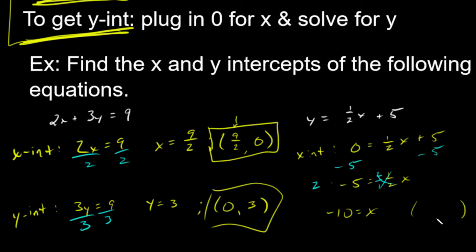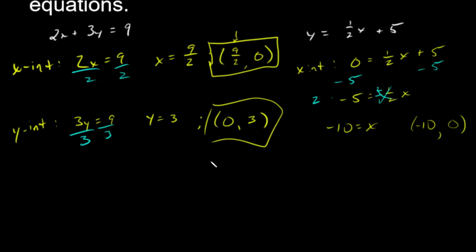So your ordered pair is what? You plugged in 0 for y, so I'm making my y 0, and you got -10 out for x. So there's your x-intercept. As for your y-intercept, you plug in 0 for x and solve for y. So y equals, this one's actually really easy.